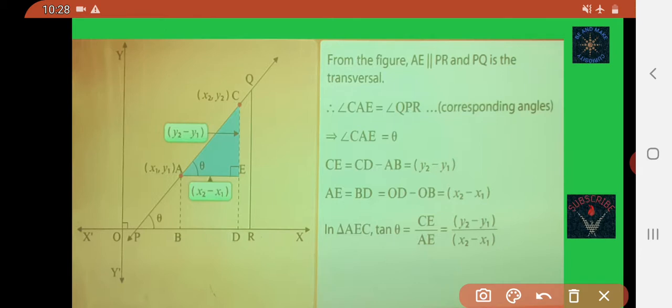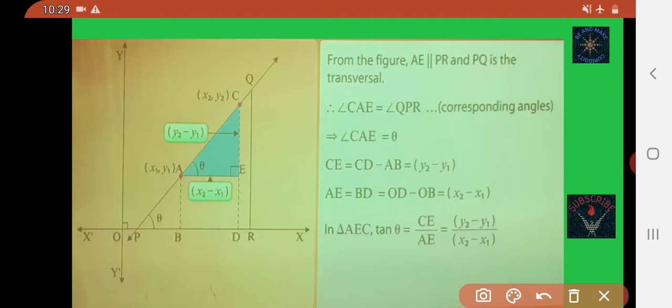Then you get a right angle triangle, and this angle is equal to this angle because they are corresponding angles, and the trigonometric ratios of the same angle are the same.